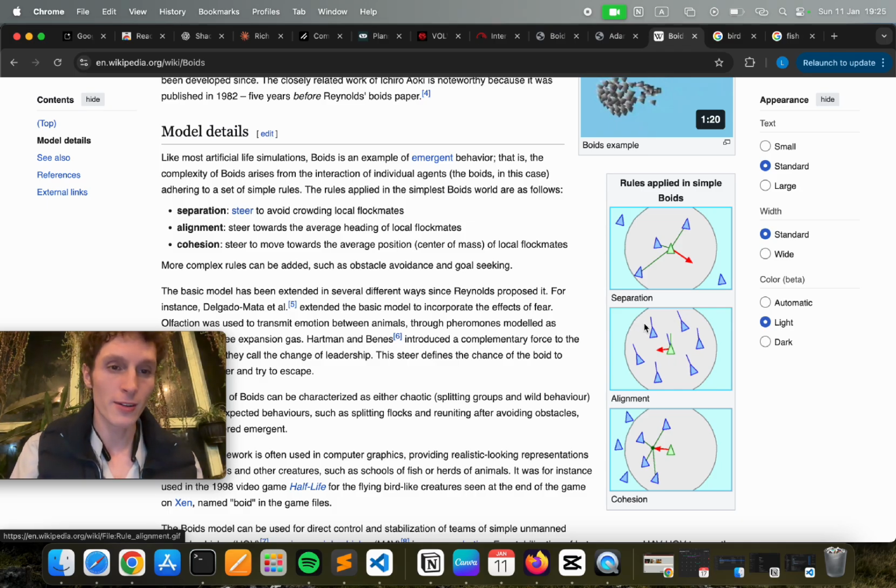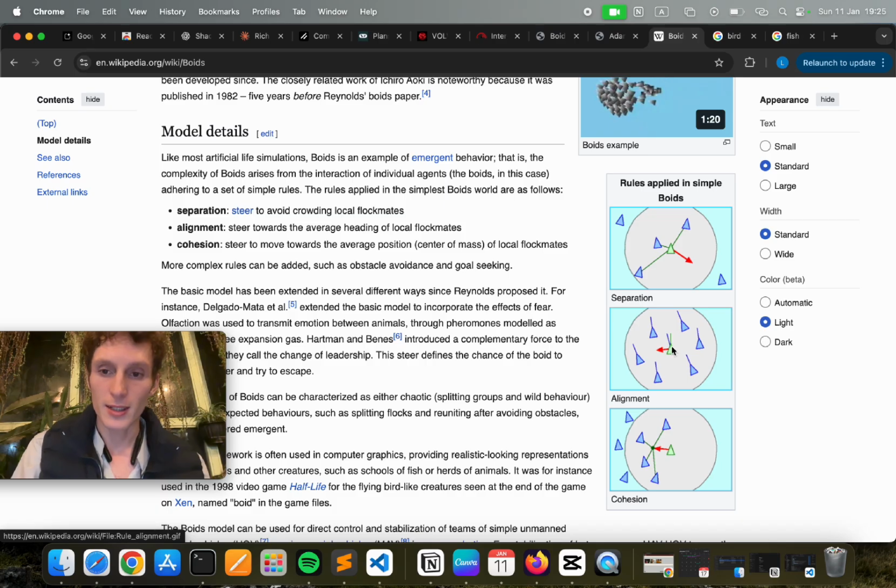So there's separation, alignment, and cohesion. Separation just means that the agent will push away from the average of the position of all of the other agents in its visual radius. So it'll tend to want to move away from those other agents it sees.